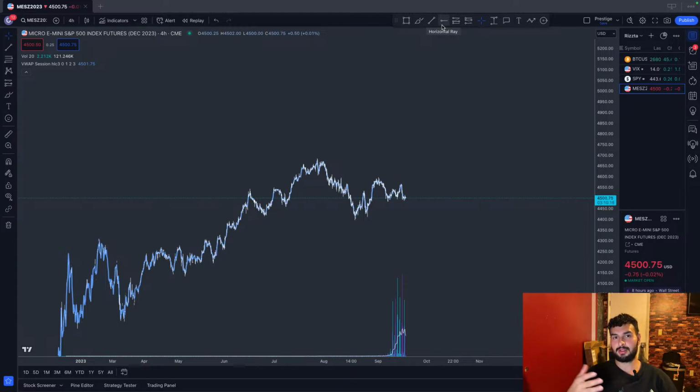Rejected means the market hit a certain price and then it didn't want to go higher. In terms of a bounce, the market hit a certain price and instead of going lower, it kept going higher from that level. It bounced off a certain level.